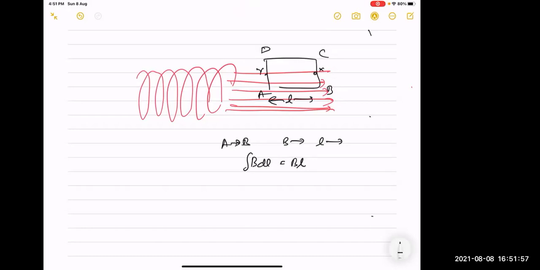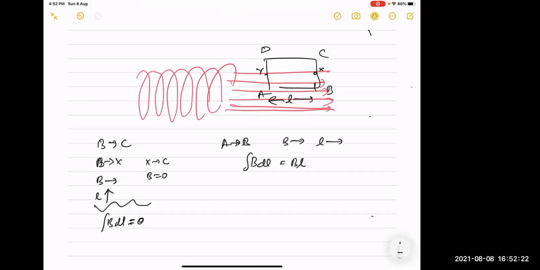In the loop from B to X, B is like this and L is like this. So they are perpendicular, so the line integral is 0, and from X to C, the B itself is 0. So in either of these cases, the integral B dl is 0.